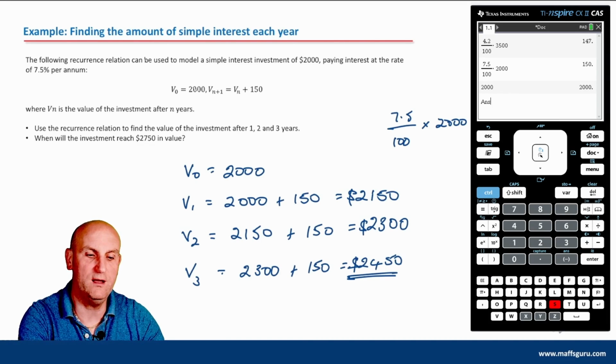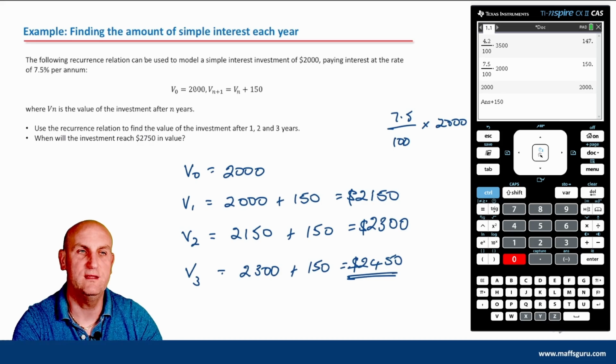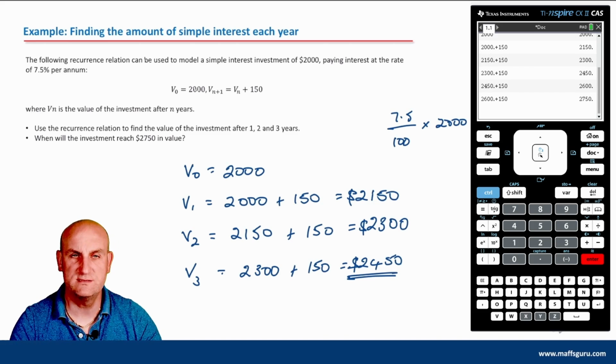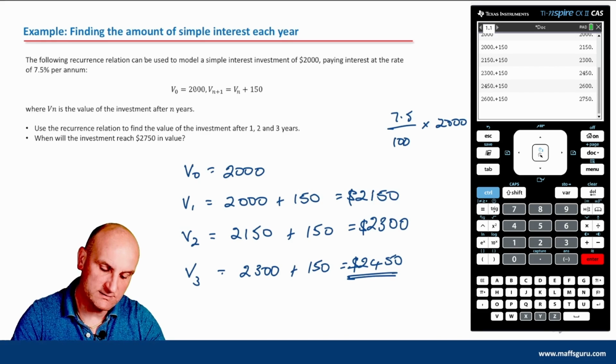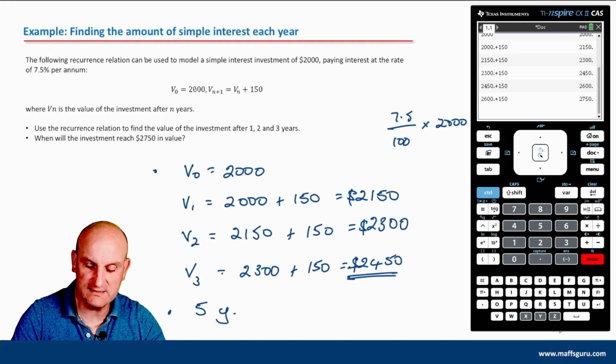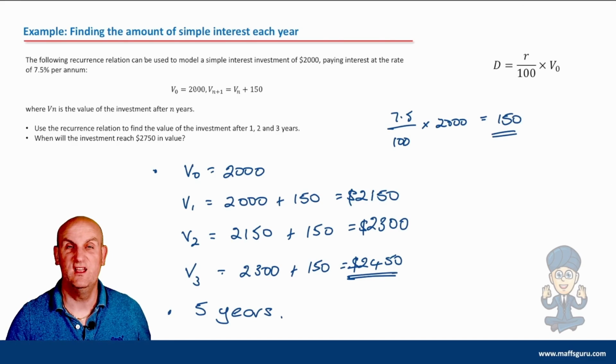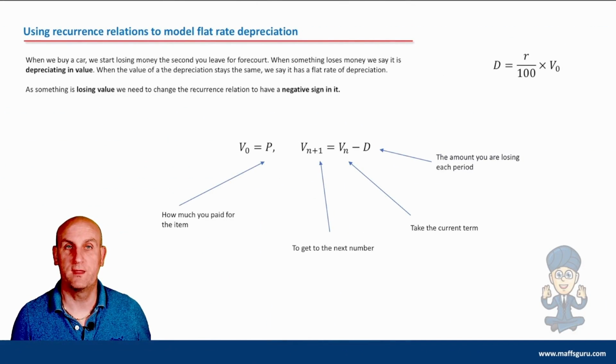Now I'm going to do my answer plus 150, and hit it once. So that's at the end of one year, 2 years, 3 years, 4 years, 5 years. So after 5 years. The second dot point is simply 5 years. In that situation, you wouldn't need to show any working out. You would just use your calculator to do the hard work for you.